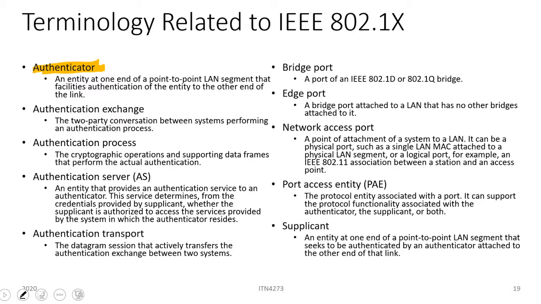The authentication process are the steps or the operations that would happen as part of this authentication process. Then the authentication server is the service that is providing that. Authentication transport is the actual communication that is exchanging authentication information.